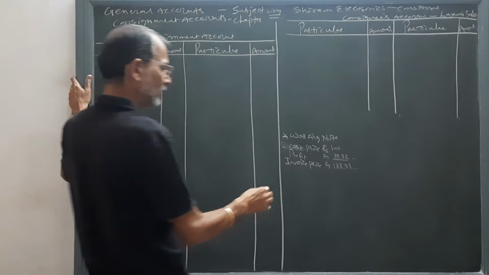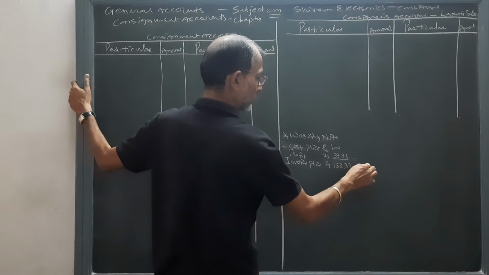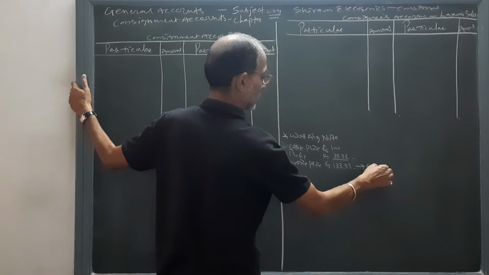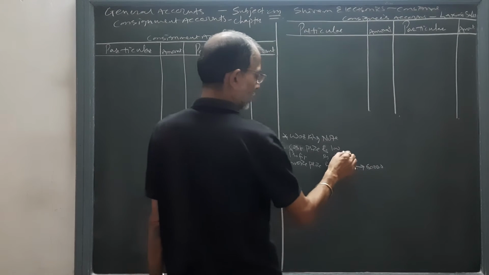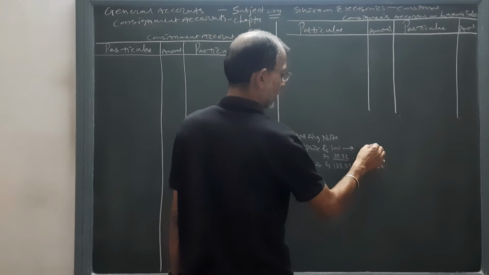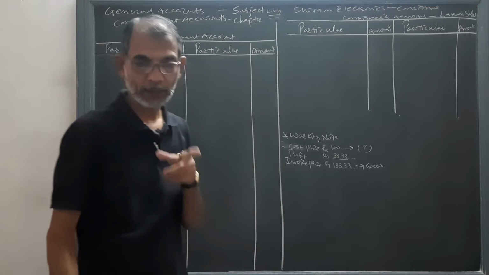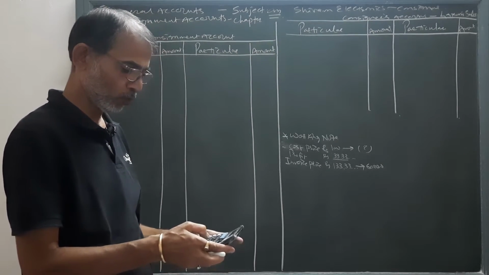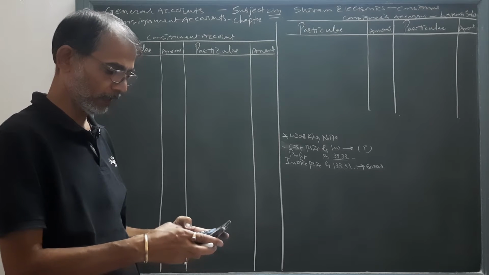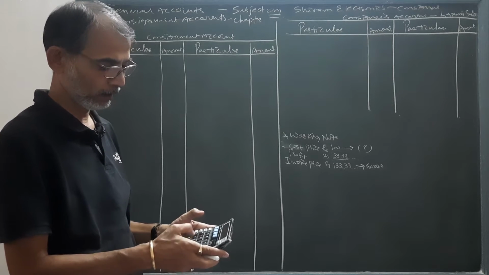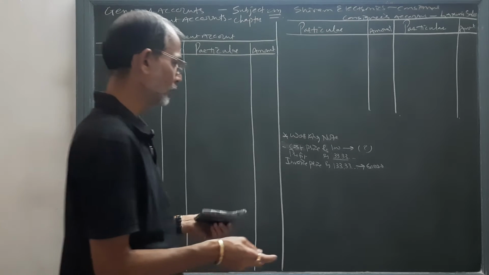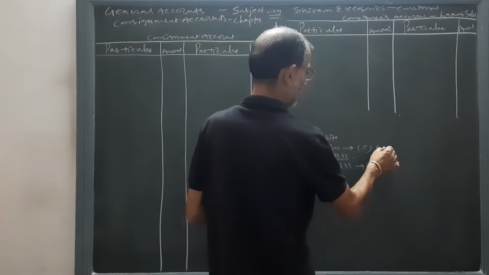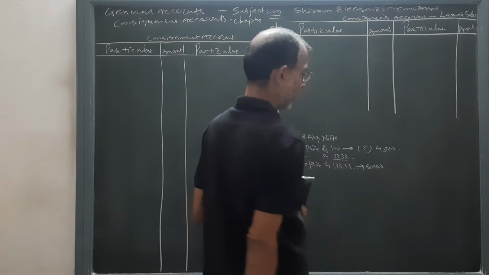Against 133.33 it is 60,000, so against 100 what will be the amount? That means 60,000 into 100 divided by 133.333, so it would come to 45,000.